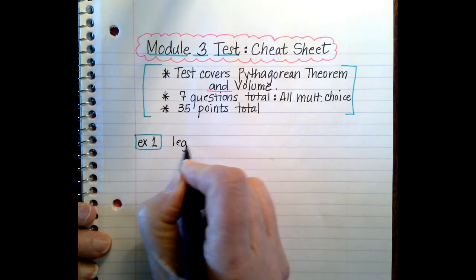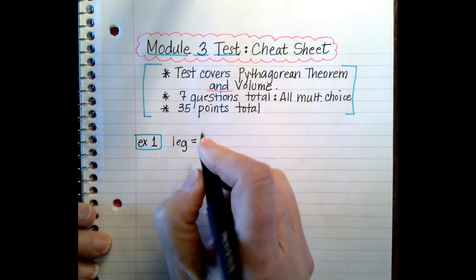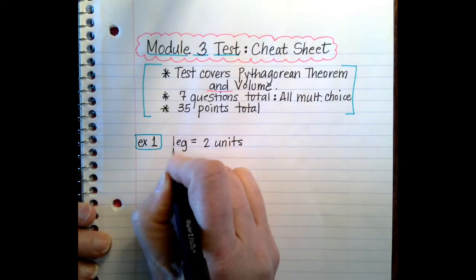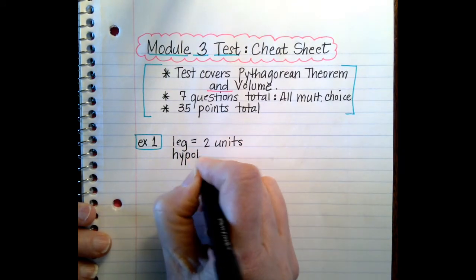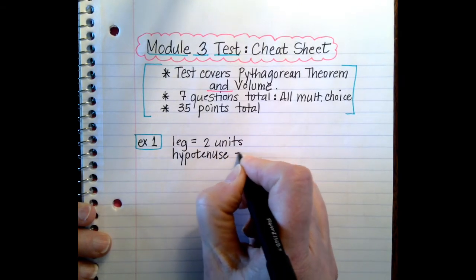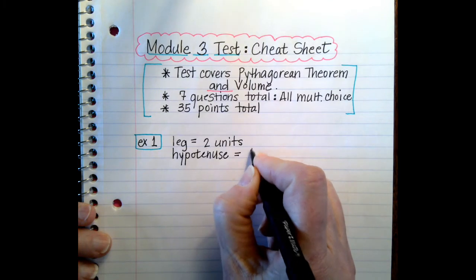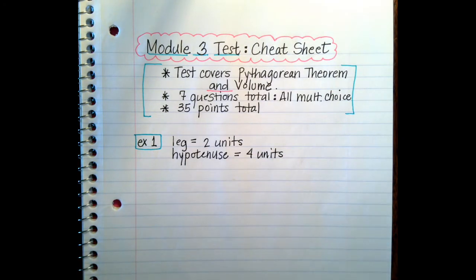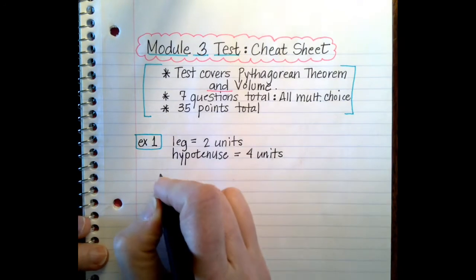So for example, and I'm not going to write the whole problem out, but let's say they tell you that the leg is 2 units, and they tell you that the hypotenuse is 4 units. And they're asking you, well, what's the length of the other leg, the other side of that triangle? So let's draw that triangle.